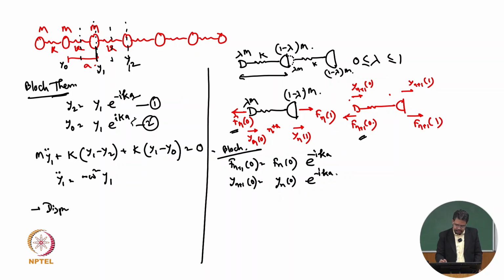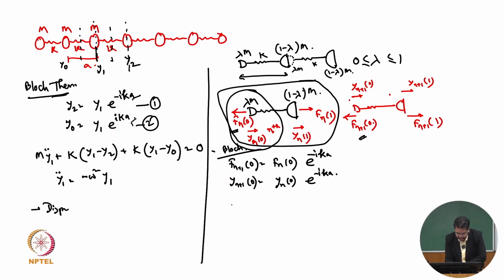If you agreed, now think, so this is the Bloch theorem, and what can we get from this if we do the force balance? What can we get? What will be the equation for this first portion?